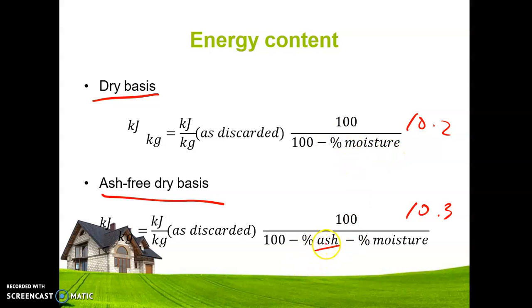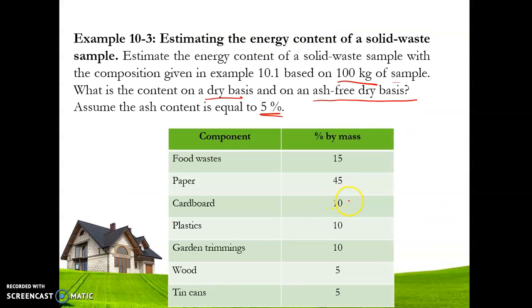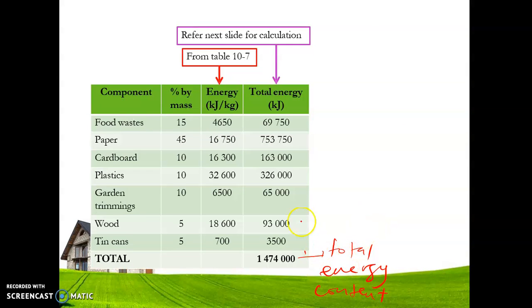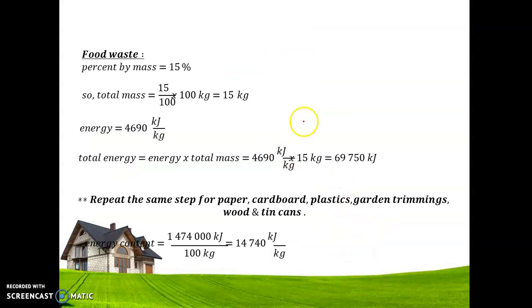For ash-free dry basis, you need to subtract the ash and also the moisture percentage, right? So this is not the final answer. So you need to do it like this, okay? And then total energy is total times total mass.